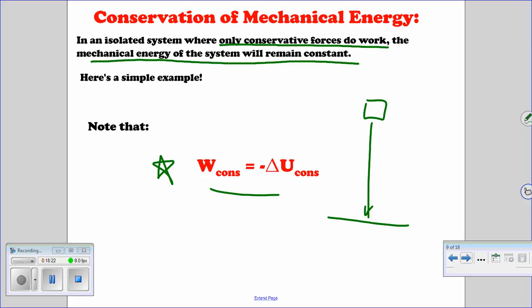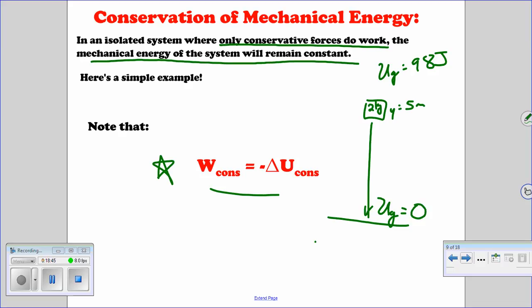So let's just pick some easy numbers. Suppose that this thing has a mass of 2 kilograms, and it's got a vertical position of 5 meters. That means my gravitational potential energy here is going to be mgh, which gives you 98 joules. As it falls, once it gets down to here, the gravitational potential energy is going to be 0, because our y is 0.